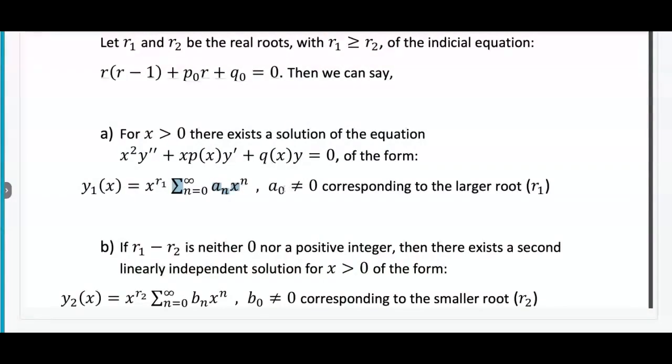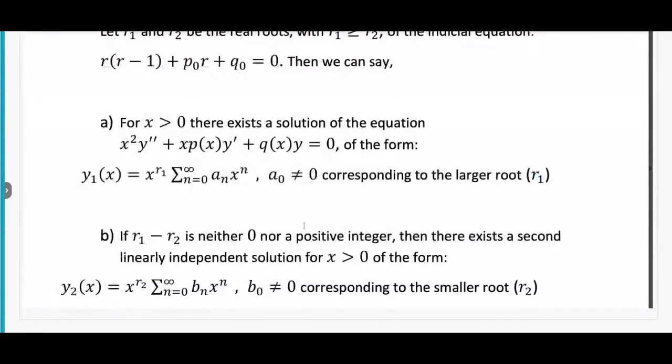And a naught, the first term, we don't want to be 0, corresponding to the larger root R1. First part: for x being positive, there exists a solution for this equation of this form.